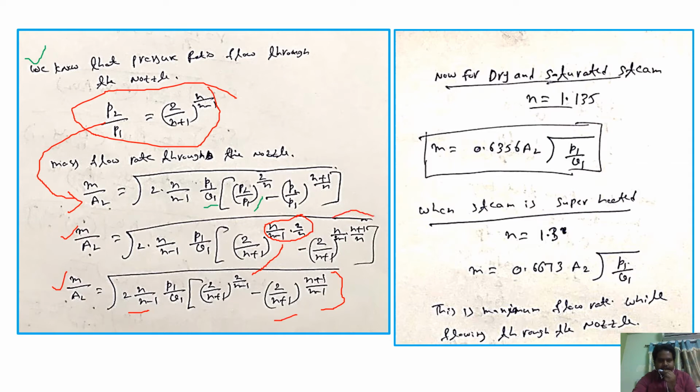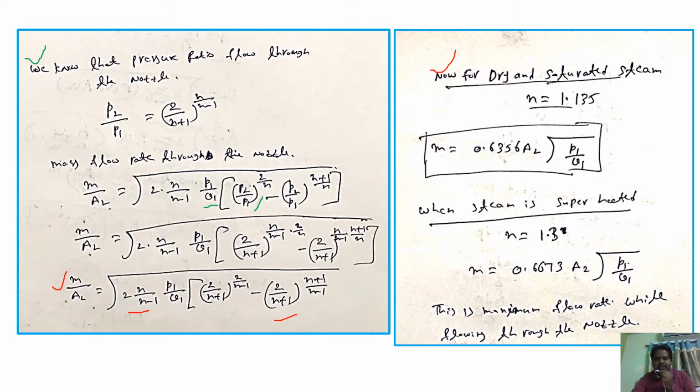Again after simplifying this part, it would be n plus 1 by n minus 1. Now from this equation we can find the maximum discharge of the steam inside the nozzle.